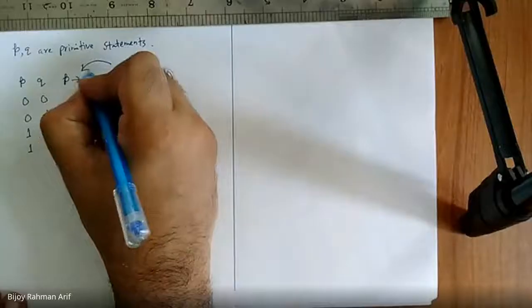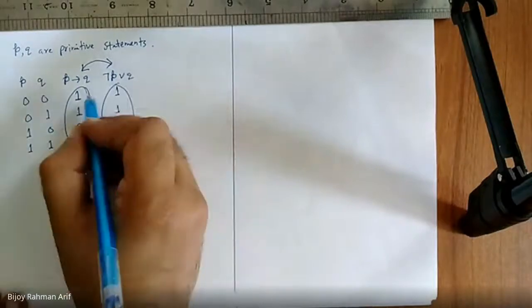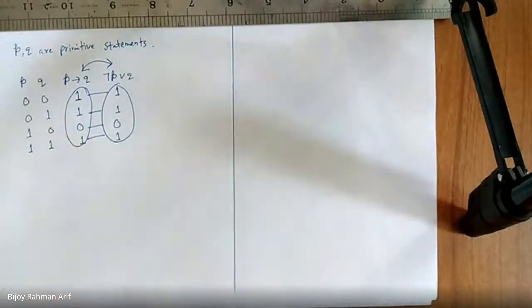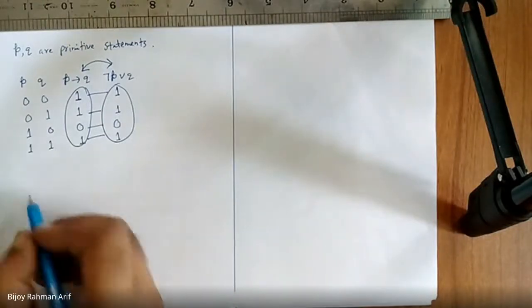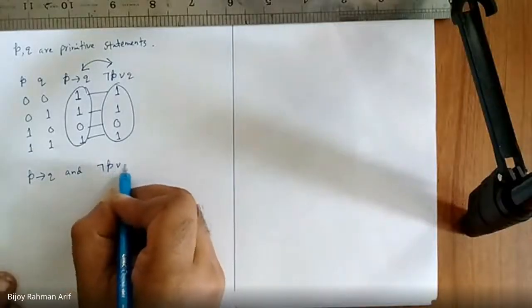If you compare both of these, it is the same truth table, right? So what is the meaning? P implies Q and not P or Q are equivalent, functionally the same.